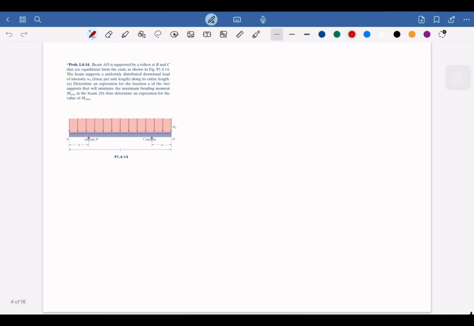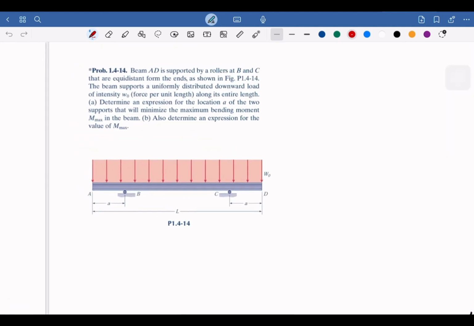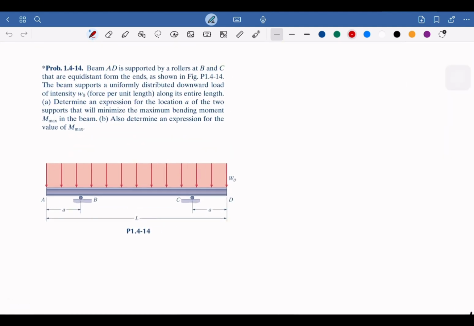How about we try this one just for warm up for tomorrow? Okay, can you see this one? Chapter 1, 1.4, problem 14.